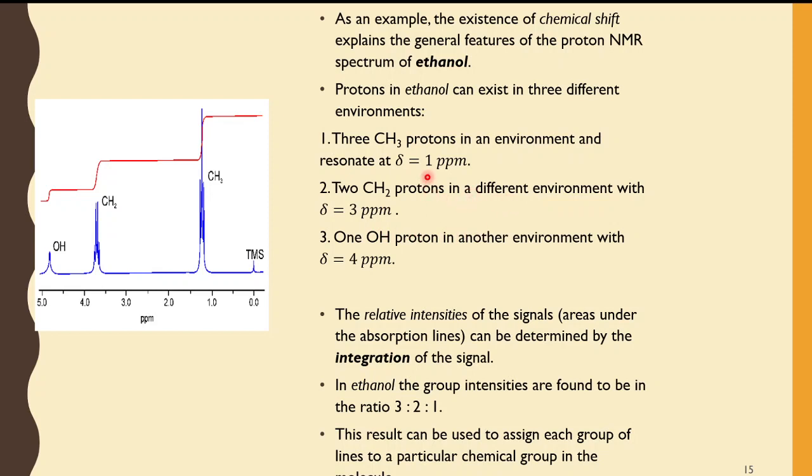On top of that, you have 3 protons here, 2 protons here, and 1 proton here. The relative intensities of the signals can be determined by the integration of the signal. So when you do the proton NMR, the integration will tell you the number of protons you have in a particular group, as you can see here.